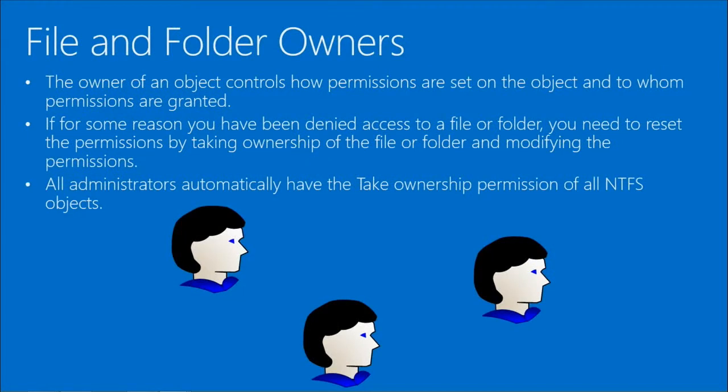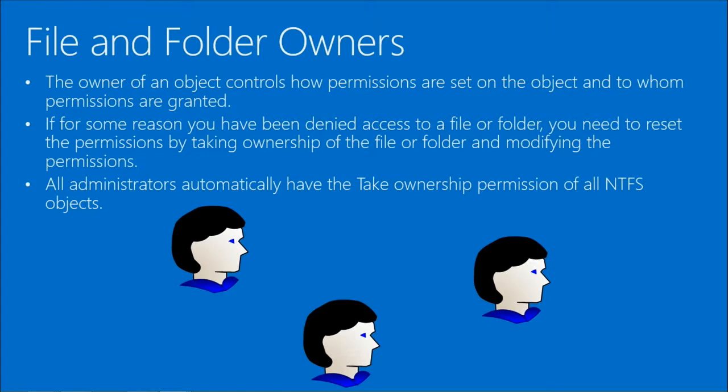File and folder owners. The owner of an object gets to control the object, how permissions are set, and to whom permissions are granted. If for some reason you've been denied access, you need to reset the permissions by taking ownership of the file or folder and modifying the permissions, but you must have the permission to take ownership.